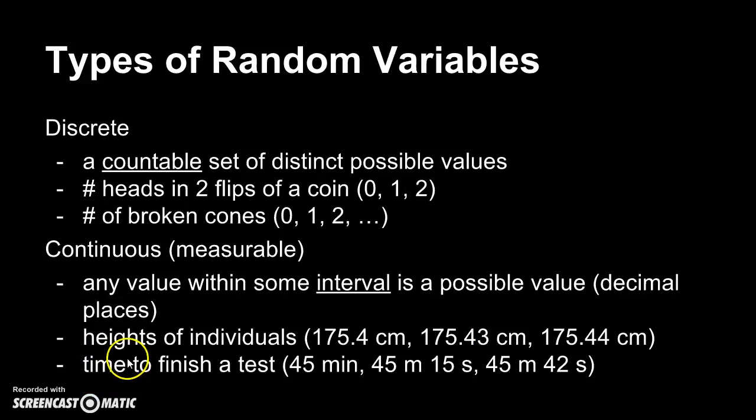Or time: 45 minutes is something that we can measure, right? But more accurate clocks or time measuring tools will give us higher accuracy. So in general, if it's something that can be counted, then it is a discrete random variable. If it's something that can be measured, then it is a continuous random variable.